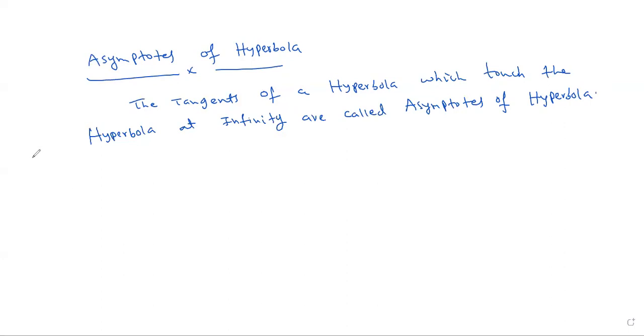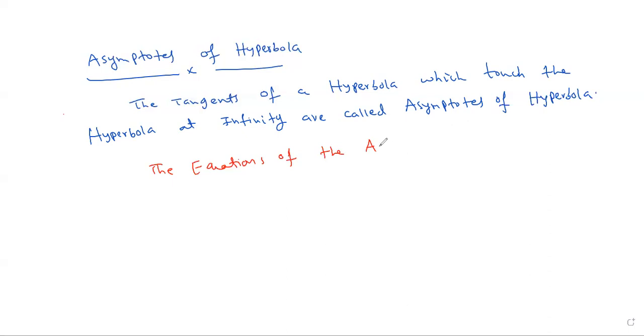And the most important point is the equations of its asymptotes. The asymptotes are tangents at infinite points, which touch the hyperbola at infinity.